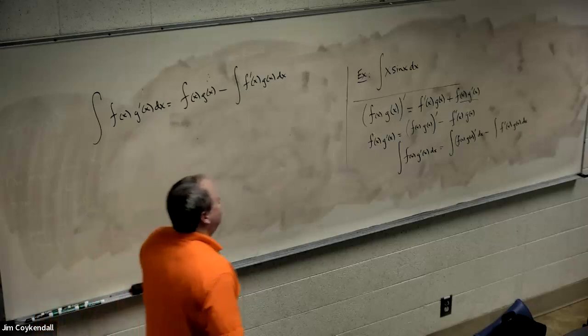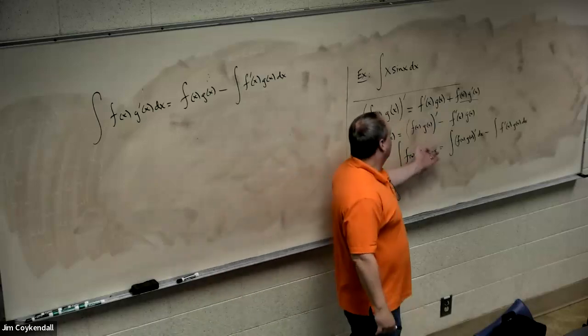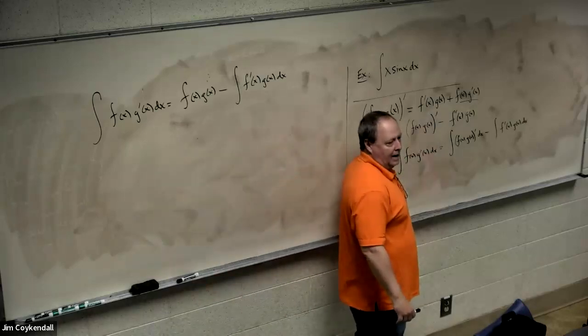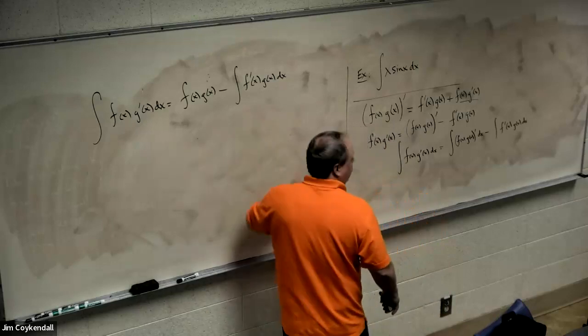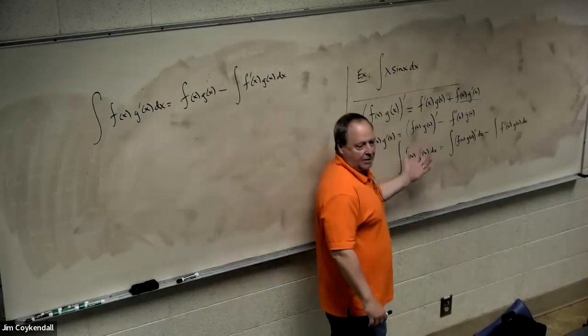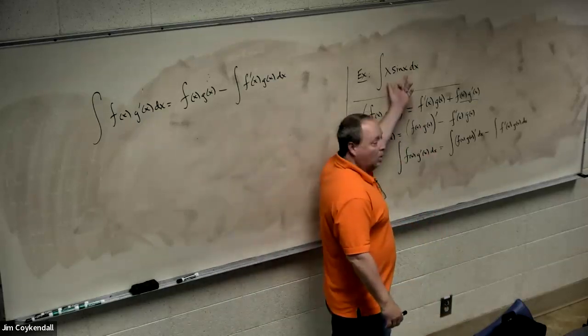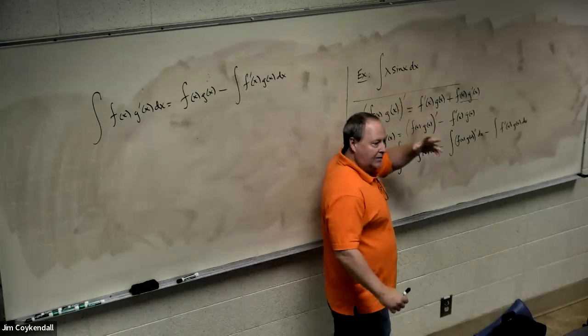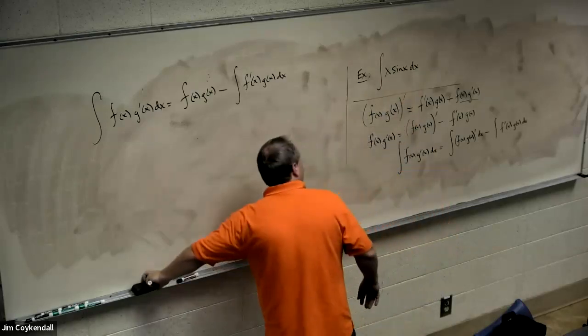I mean, what did I do? I wrote down the product rule, rearranged some stuff, and then integrated it back, right? What good is it possible to do? Well, let me give you an application to show you what's happening here, and then I'm going to give you something more concrete.